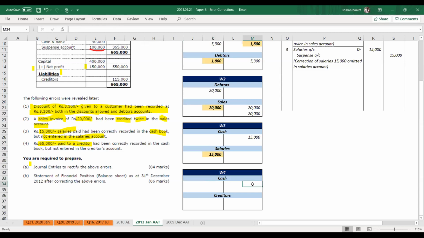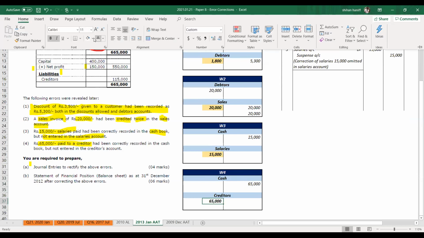So it has been correctly recorded in the cash book, 65,000 credited to the cash, but not entered in the creditors account. So we have to debit creditors account 65,000.